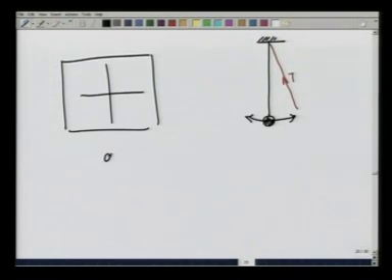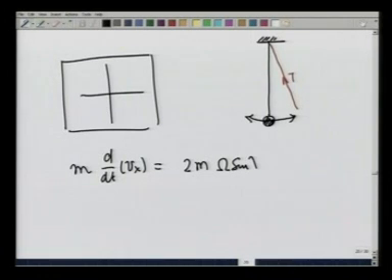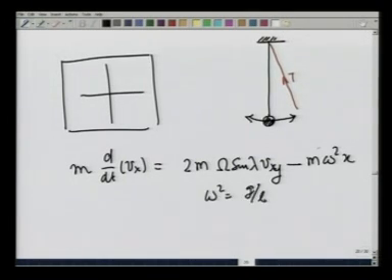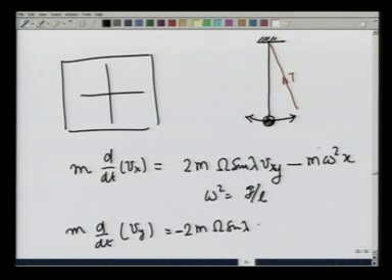So, I am going to write d by dt of Vx. One term we have already seen is 2 m, or m if I am considering force, then m has to be there, 2m omega sin lambda Vy minus m omega square x, where omega square is nothing but g over L. And similarly, m d by dt of Vy is going to be minus 2m omega sin lambda Vx minus m omega square y.